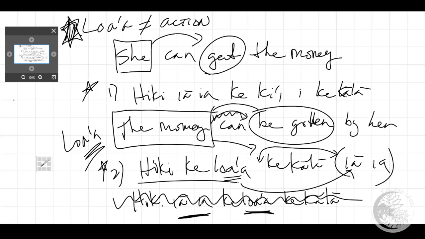It's incorrect. Okay, and this really works for all those common verbs that we use, like loaʻa. Yeah, so in the same way, hiki ke maopopo. So whenever I use maopopo, it's also done in type 2.